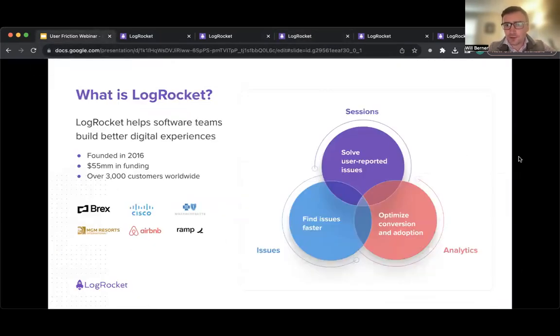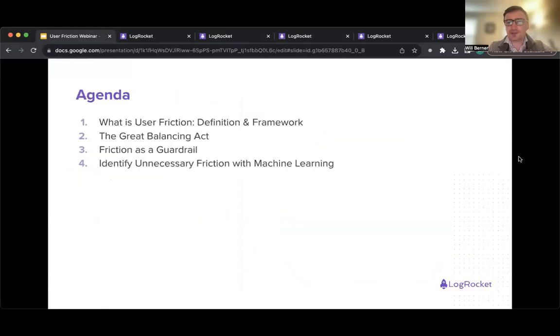All right, thank you for sticking with me through that. So here's our agenda for today. We're going to start out by defining this term user friction, explaining what it means, and then looking into a framework for categorizing some of the various flavors of user friction that you might encounter.